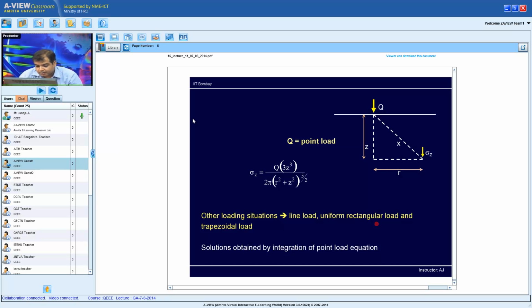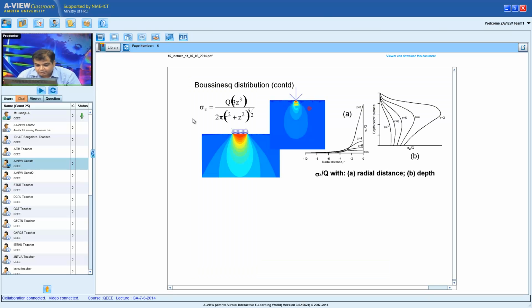Then uniformly rectangular load and trapezoidal load. Again all these equations or distributions are based on integrating this equation. We will again not go into this derivation, but take at face value the line load or the rectangular load in the next few slides.